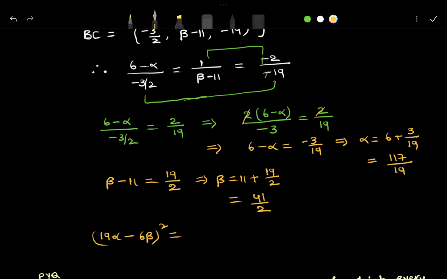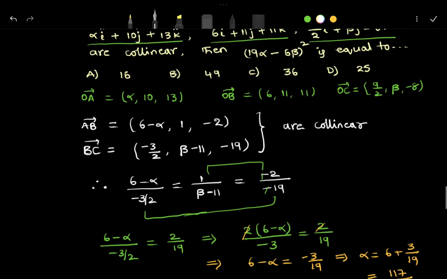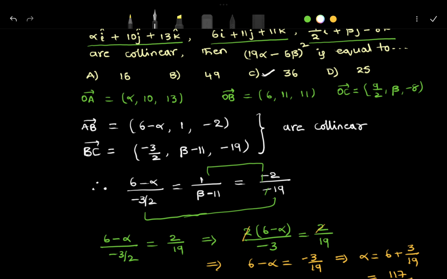Here 19 alpha equals 117, minus 6 beta. 6 beta is 3 into 41, which equals 123. So the value is (minus 6) whole square, which means the answer is 36. I hope everyone is clear: (19 alpha minus 6 beta) whole square is 36, so the right option is C.